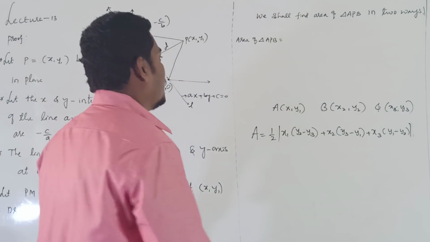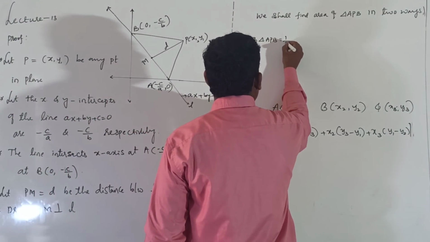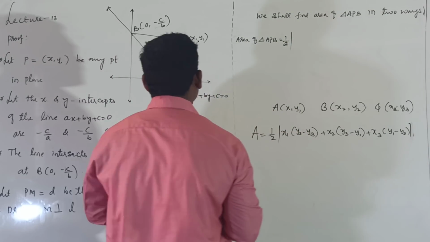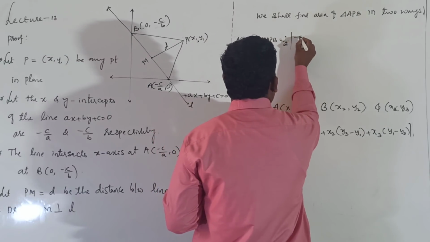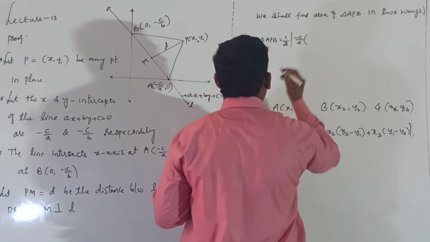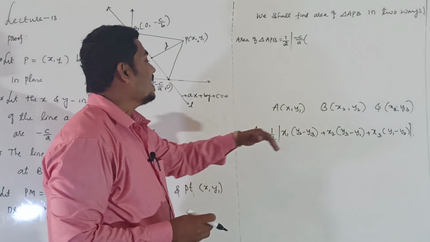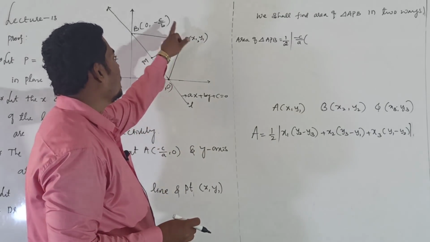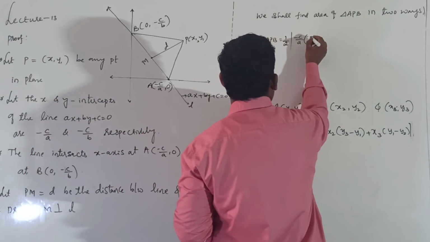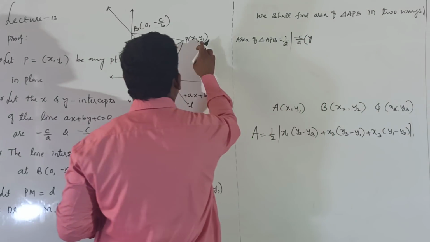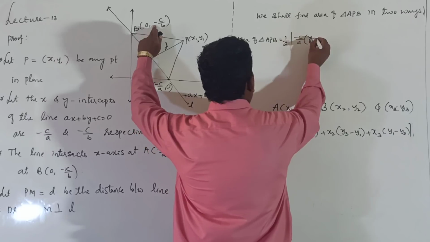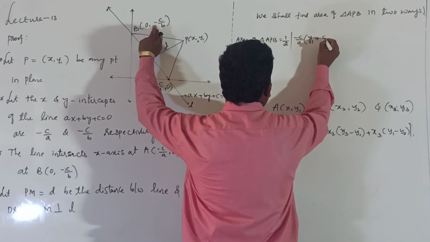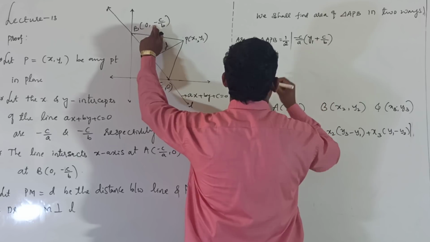Just use this formula, 1 by 2 times modulus of x1 here. What is the x1 value? Minus c divided by a into y2 minus y3. In place of y2 we have y1, y1 minus of minus, it will be plus c divided by b.